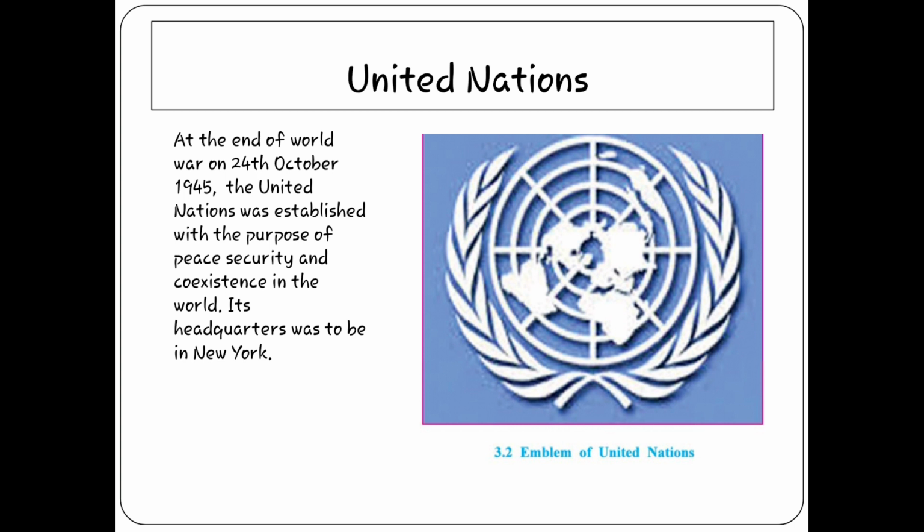At the end of the Second World War, the nations of the world thought that an organization was necessary which would be able to control the nations and maintain world peace. As a result, an organization called United Nations or UN was created on 24th October 1945.